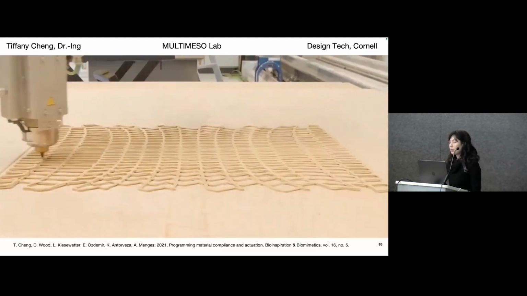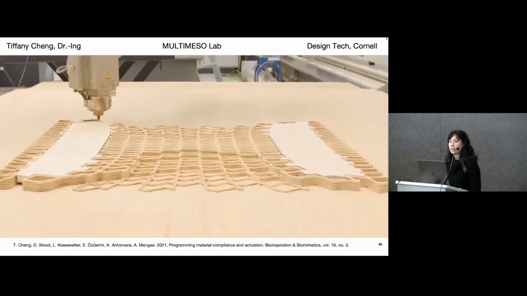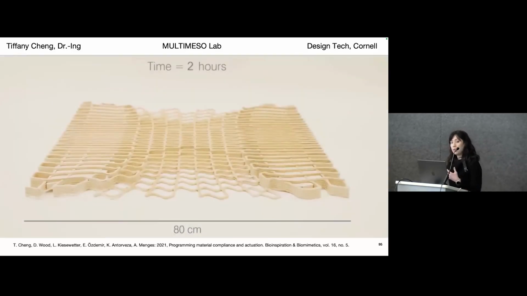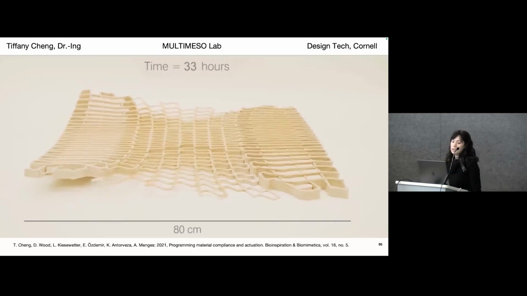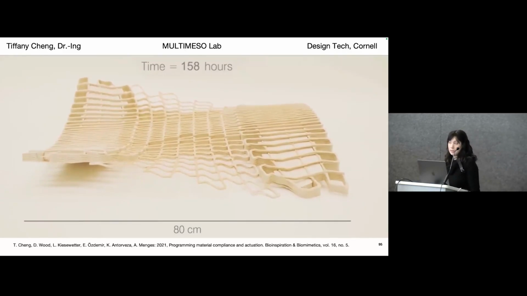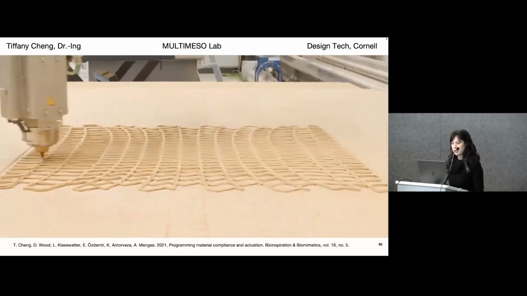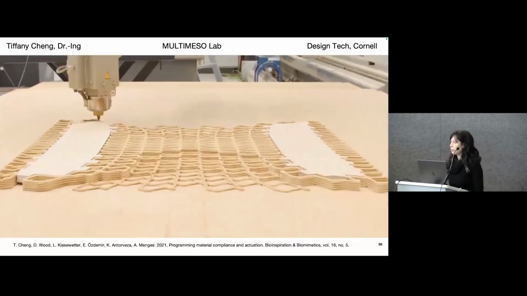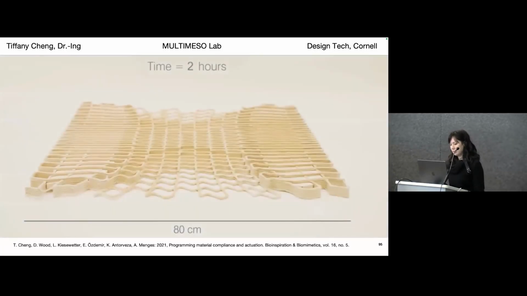And it's also a much faster way to fabricate things. So again, compared to traditional modes of 3D printing, this one in particular was fabricated in 30 minutes, and it's half a meter large.